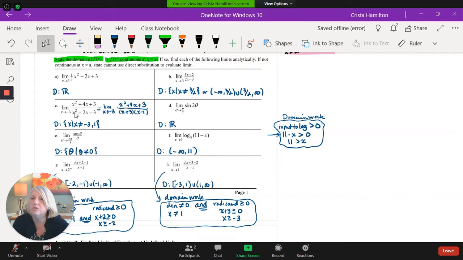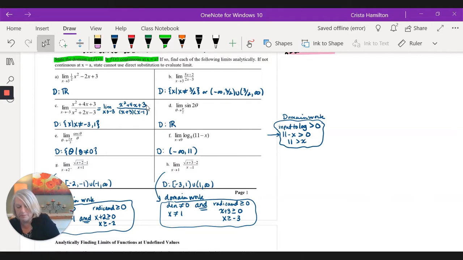If you are going to do this within the work of this problem and put in equals right here, you have not performed the limit yet. Since I have not performed the limit yet, I have to bring this along and write this down. What I could do for this problem is come over to the side and simply do x squared plus 2x minus 3 cannot equal 0, and then factor there: x plus 3, x minus 1 cannot equal 0.